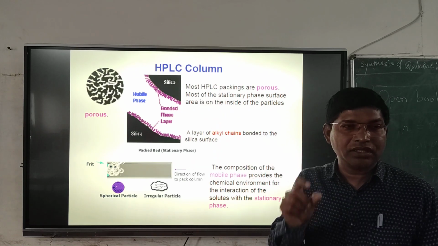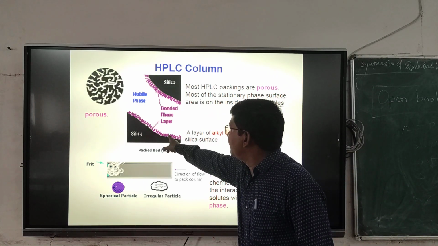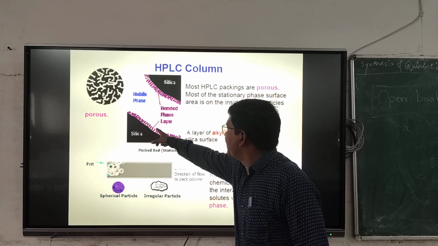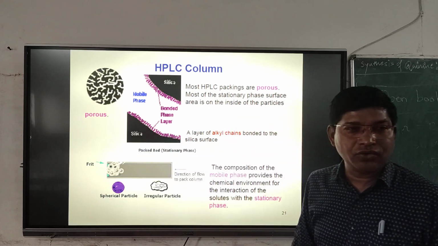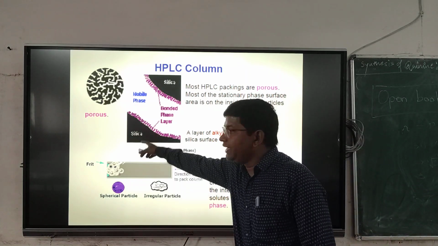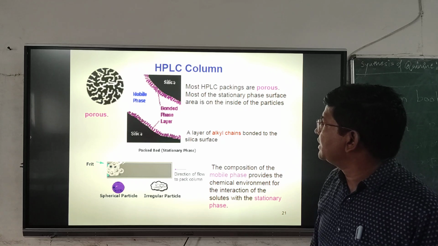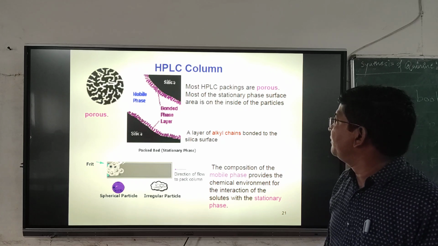If you want to see the cross view of the two particles, in one particle you can see the hydrophobic groups attached to the silica. Here silica is an inert surface, and it will not take part in the separation of your compound mixture.